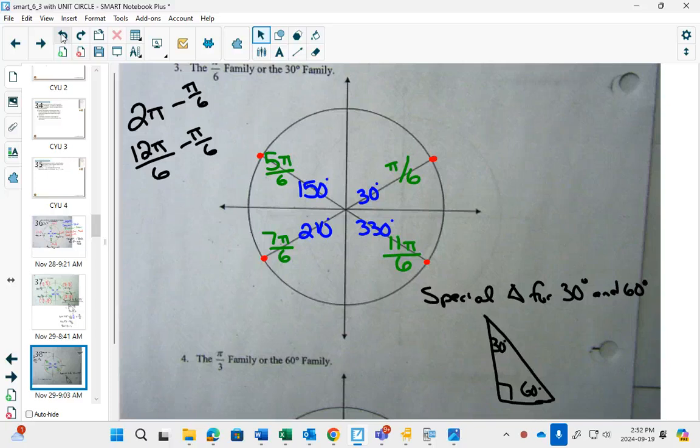Okay, so our special triangle for 30 degrees and 60 degrees is a right triangle, but we also have a name for a triangle if all the sides are different and all the angles are different. What is the name of that special triangle?